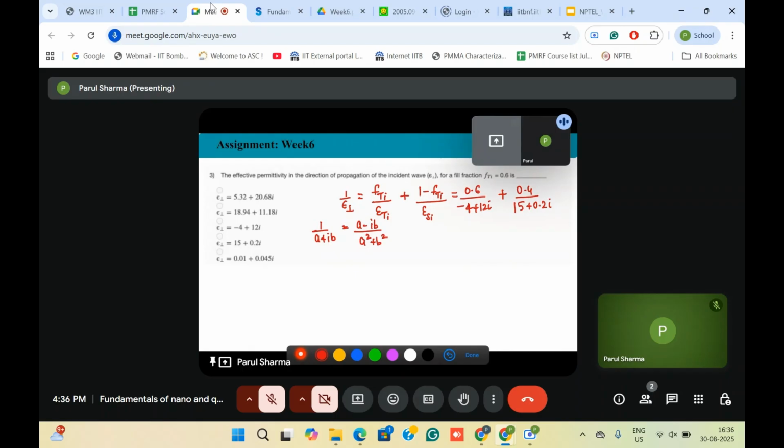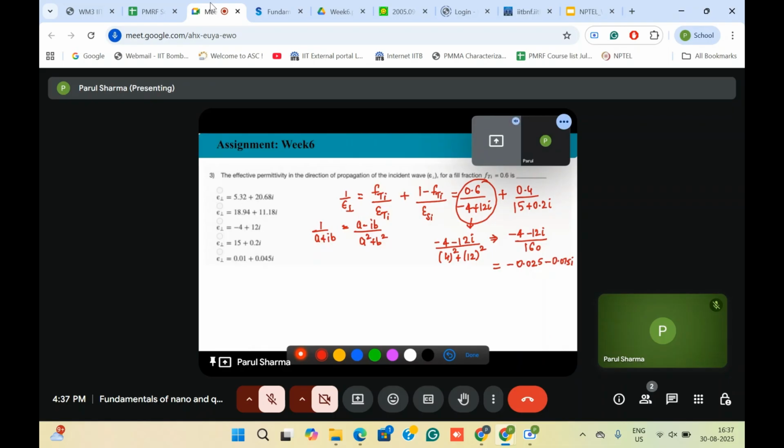Zero point six by minus 4 plus 12i: this part will be minus 4 minus 12i by 4 squared plus 12 squared, which is minus 4 minus 12i by 160, equal to minus 0.025 minus 0.075i.